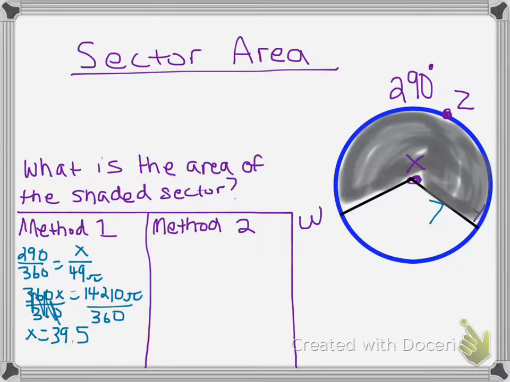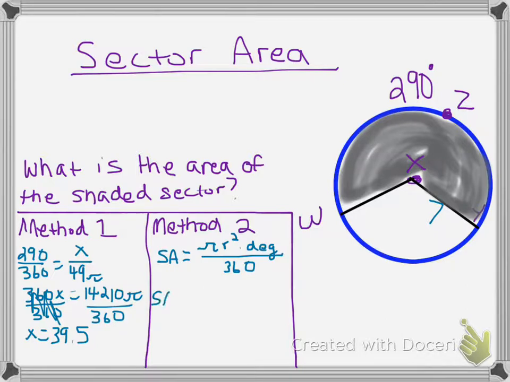For method 2, you're going to use another formula, but this time instead of starting off with the arc length, you're going to be starting off with sector area, and instead of having the formula for circumference, you're going to have the formula for area. So it's going to be pi r squared times the degree divided by 360.